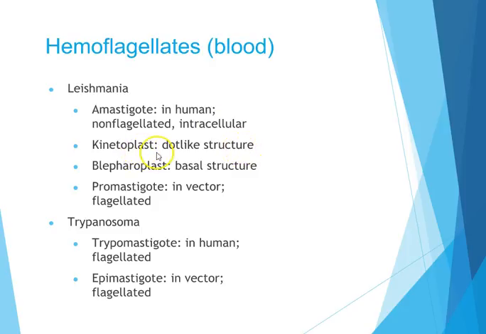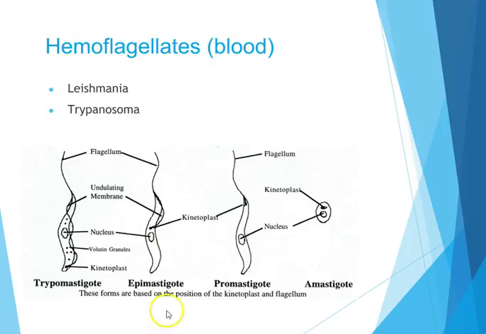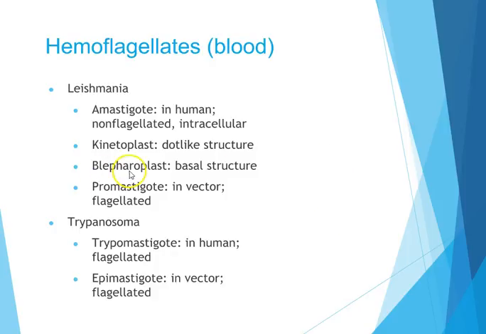It has a kinetoplast, and this is the kinetoplast, and this is the nucleus in the organism. It also has a blepharoplast, which is just a structure where its axoneme arises, and we talked about that word in the first half.